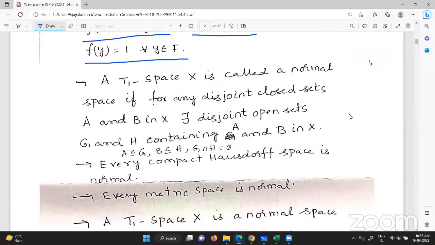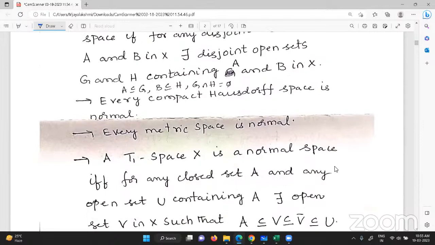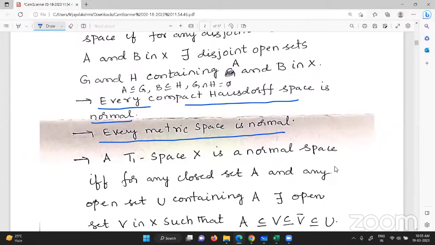In a normal space, two disjoint closed sets are separated by two disjoint open sets. Every compact Hausdorff space is normal. Every metric space is also normal.